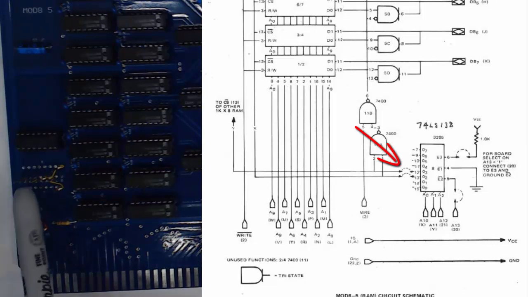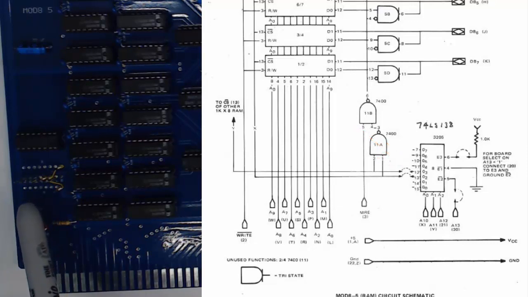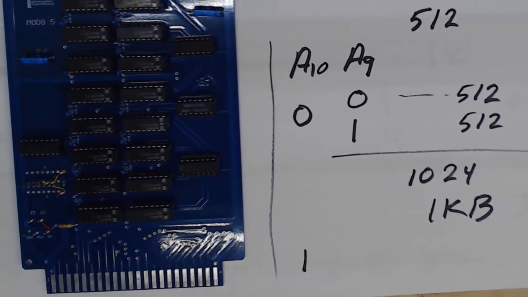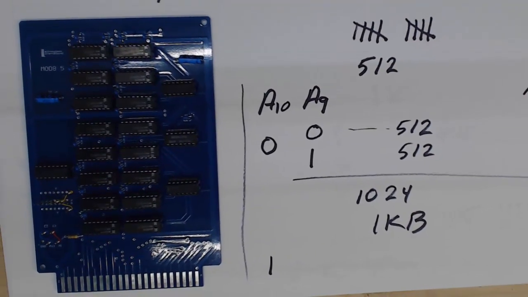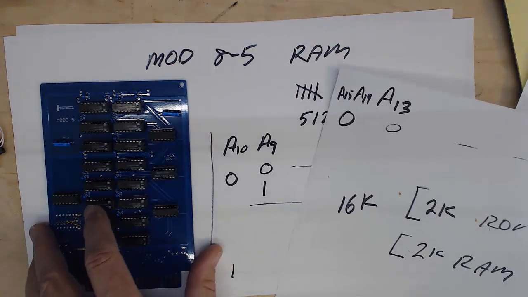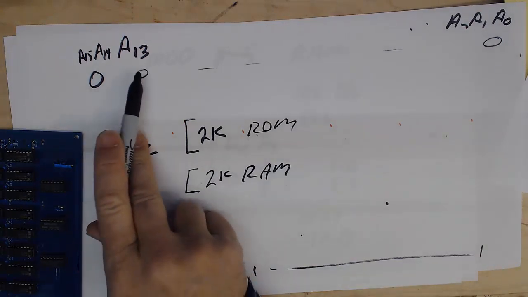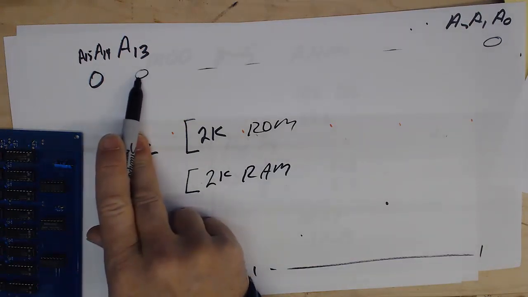Because we switched this entire 3 to 8 decoder up to addresses A10, A11, and A12, that only gives us 1 address left to select the entire board, and that's A13. So what are the ramifications of that? Well, A13 is our most significant bit in our address.